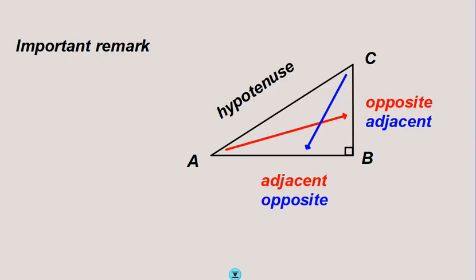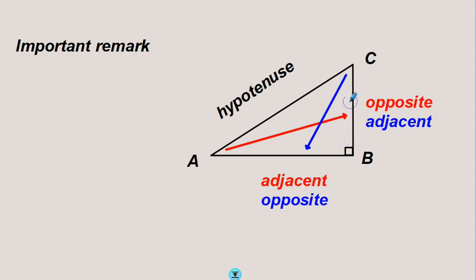Before we start, let's review some basic terminology and important remarks. In this right angle triangle, if you are considering the angle A, then as far as A is concerned, this side BC is called the opposite, while this side AB is called the adjacent.